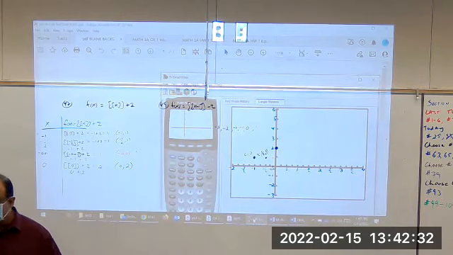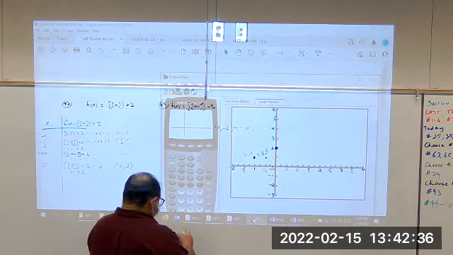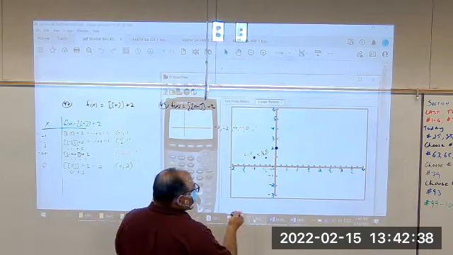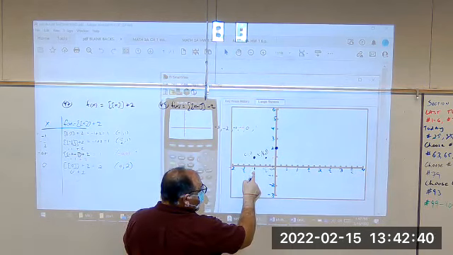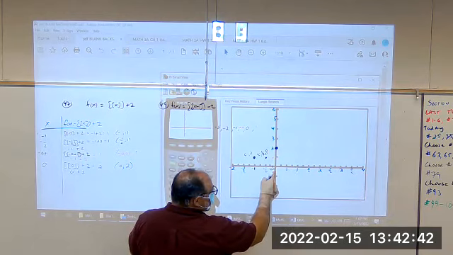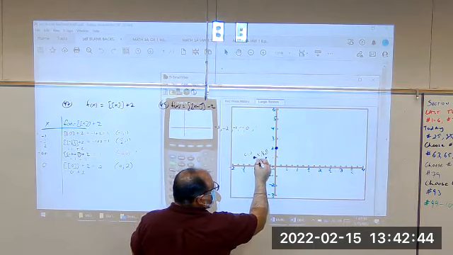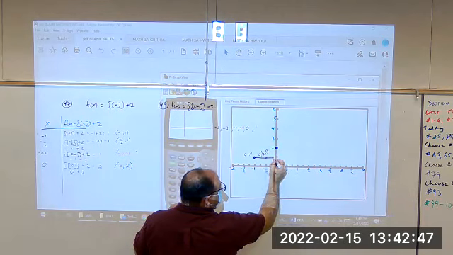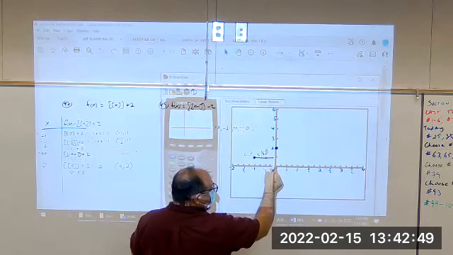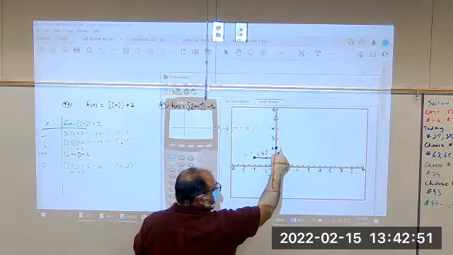So what happened to that first piece that we were graphing? It was doing this. Every single answer from negative 1 up until 0, the answer is a positive 1. Then when we get to x is 0, it jumps up here. So the graph is broken.